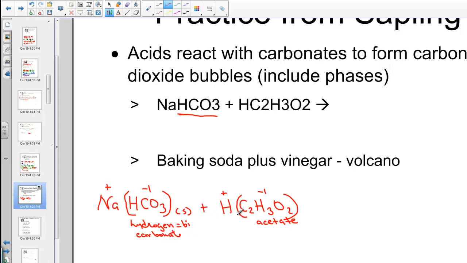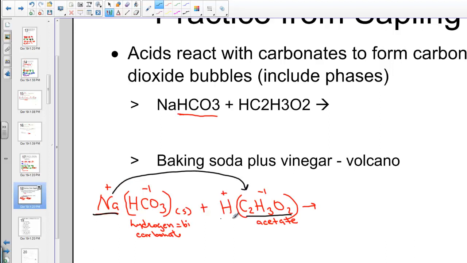Sodium bicarbonate reacts with vinegar, acetic acid. Now it's the same chemistry. Notice that we have a positive sodium, Na+, and the negative acetate, C2H3O2-. Sodium acetate will become our salt in our double displacement reaction.